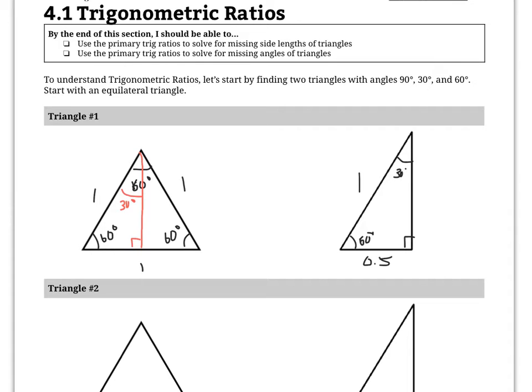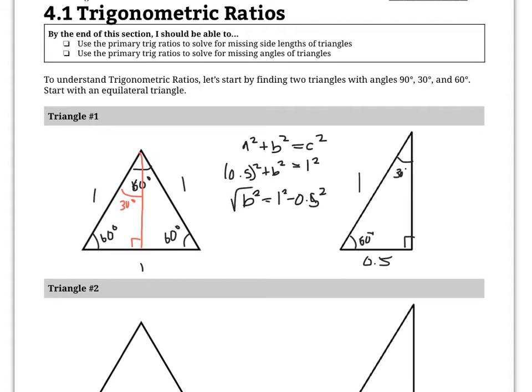Let's say if we call that b, we have a squared plus b squared is equal to c squared. I know what my hypotenuse is, it's 1, so 1 squared has to equal my a, which is 0.5 squared, plus b squared. Let's solve for b squared. Simplifying, we have b squared equals 1 squared minus 0.5 squared.